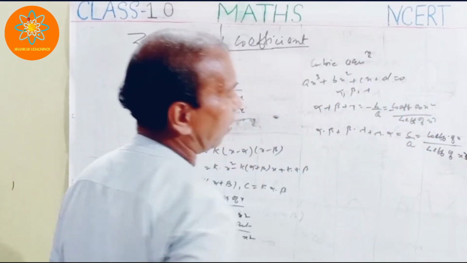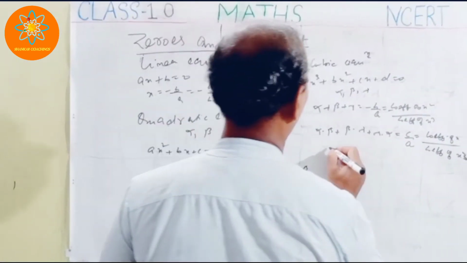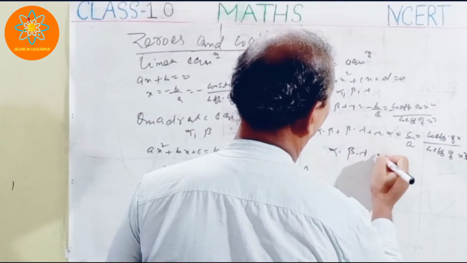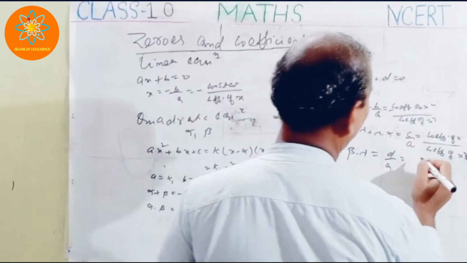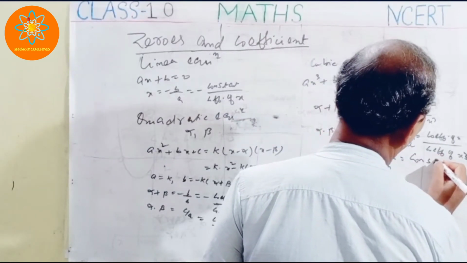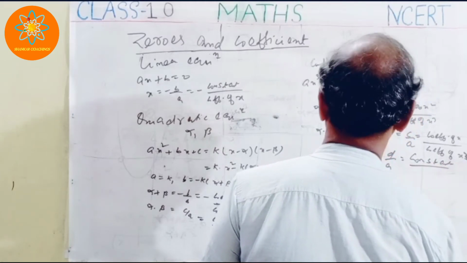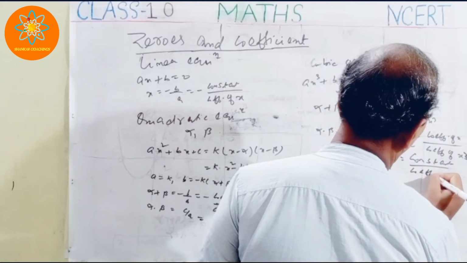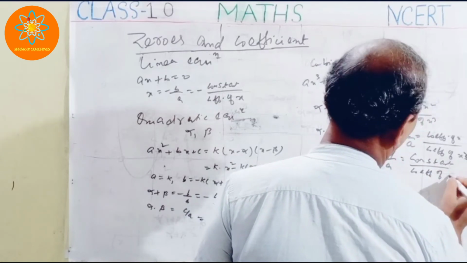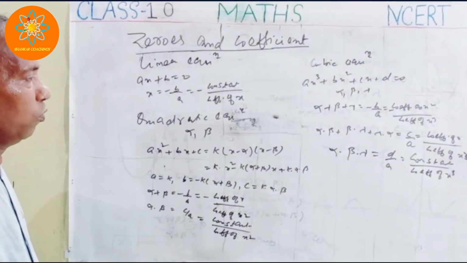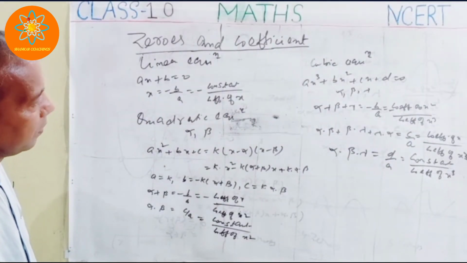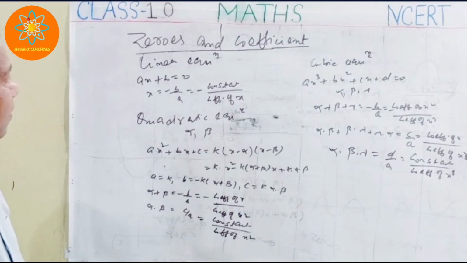Similarly, if I want the product of the roots, alpha into beta into gamma, this is equal to minus d by a, which is the constant divided by the coefficient of x cube. So this is for the cubic equation. These are the cases where the zeros and coefficients of the polynomials are related.